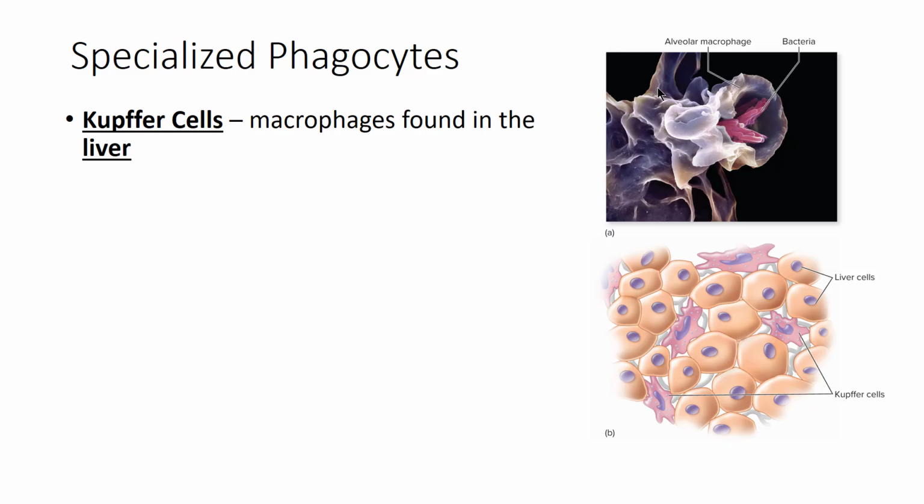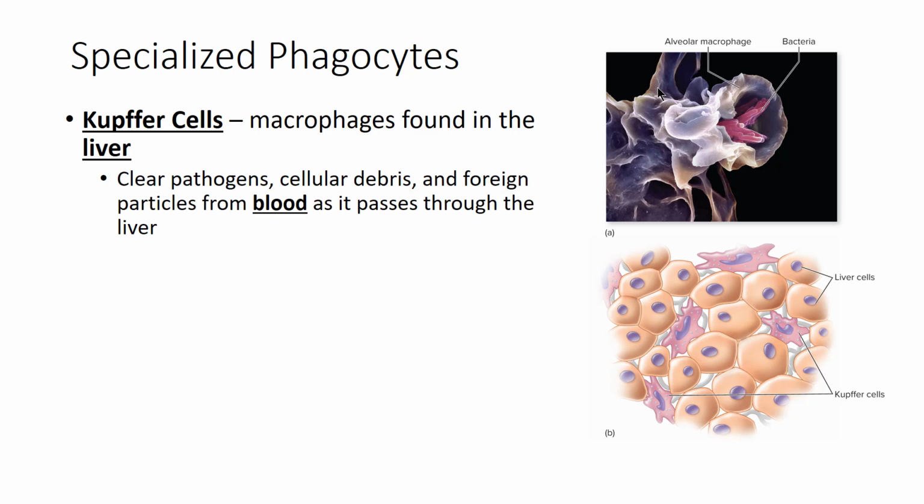Now, different body areas have specialized phagocytes. So in the liver, for example, you have what are called Kupffer cells, macrophages that specialize in the liver. The liver is a very potent filtering organ, pretty much your primary filtering organ, especially for the blood in particular. Kidneys as well, but I should say for the blood.